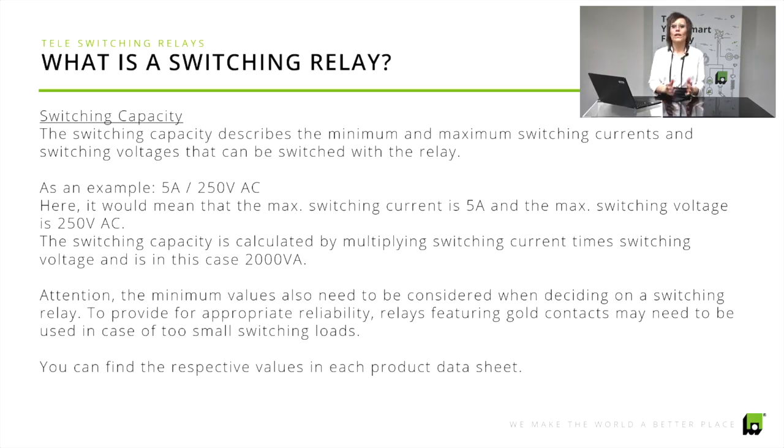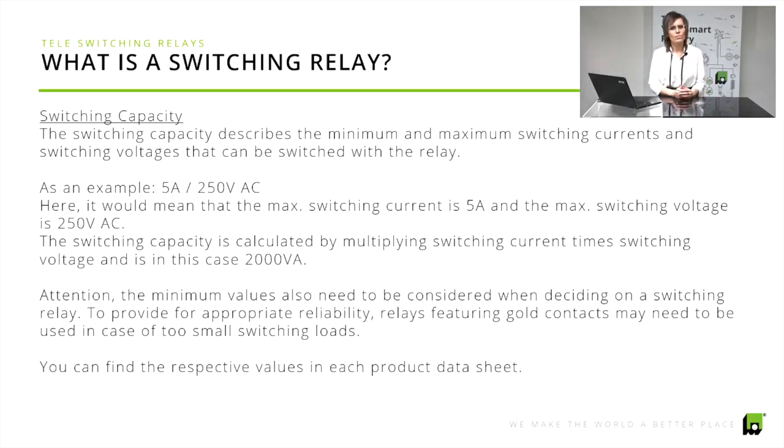Furthermore, I would like to draw your attention to the different categories, namely the utilization categories, AC1, AC15, DC13 or AC3, of which you may have already heard or read in the datasheet. What do those mean? These are actually quite important categories of use, which describe the different applications.